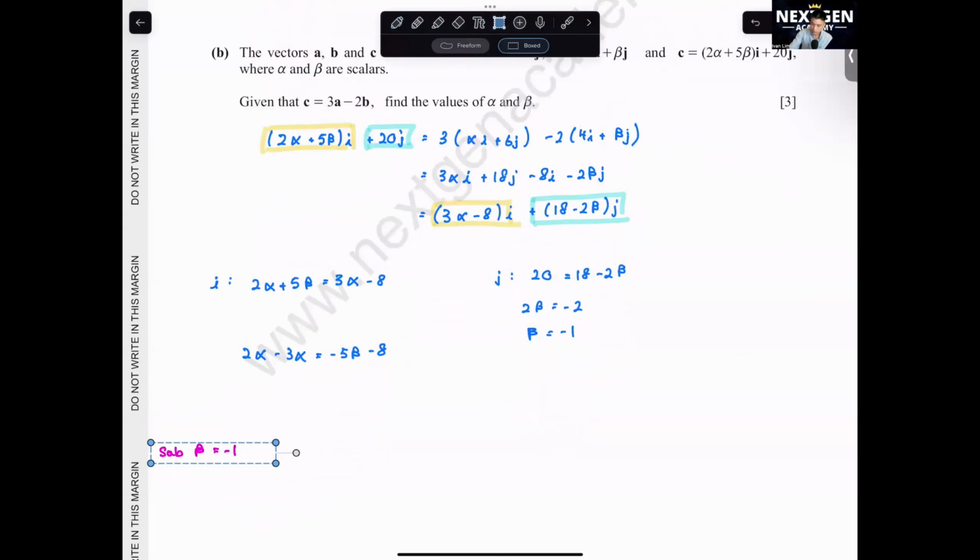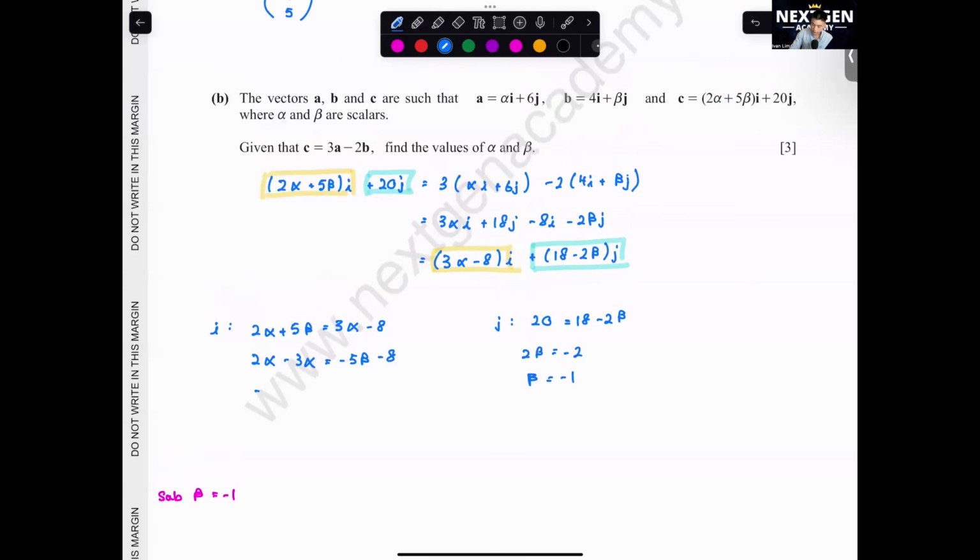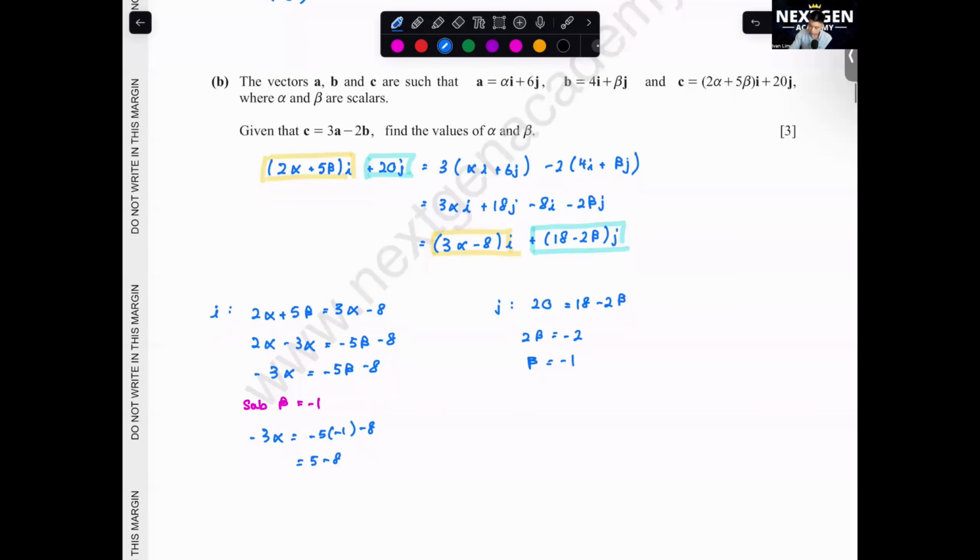Okay, sorry, let me make this a bit nicer first. This will be minus alpha equals negative 5 beta minus 8. We can sub here: minus alpha equals negative 5 times negative 1, minus 8. Hey, hold on a minute.